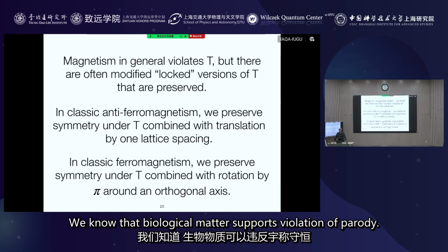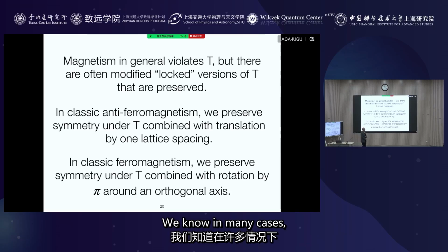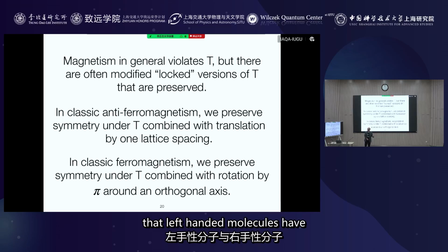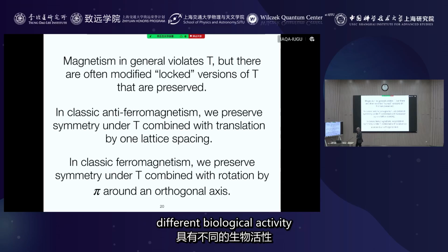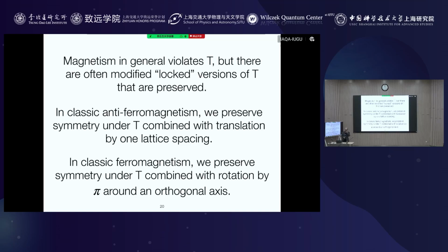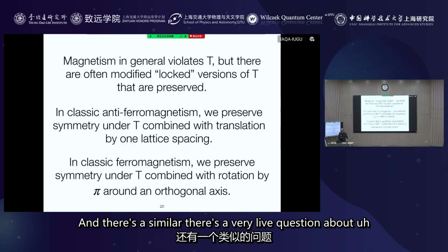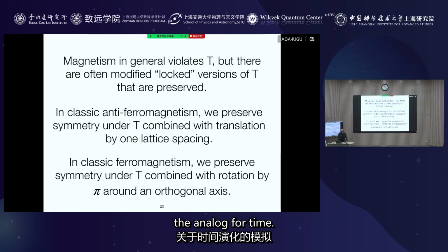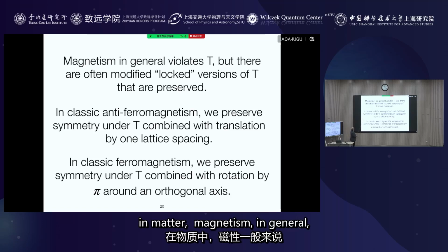We know that biological matter supports violation of parity. We know in many cases that left-handed molecules have different biological activity than right-handed molecules, even though physically they're equivalent. And there's a very live question about the analog for time.